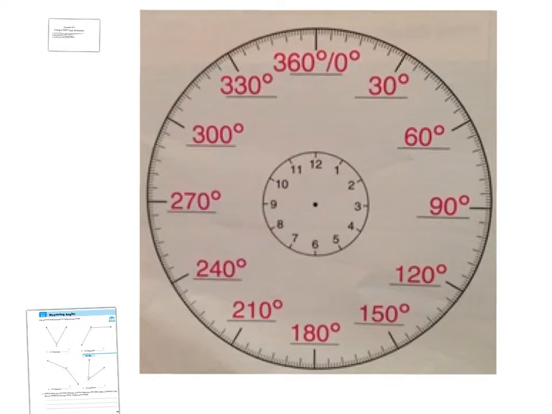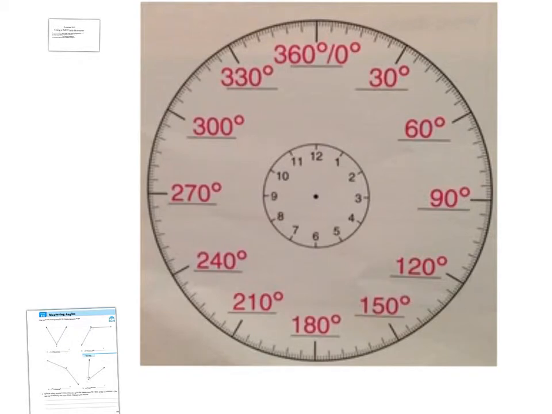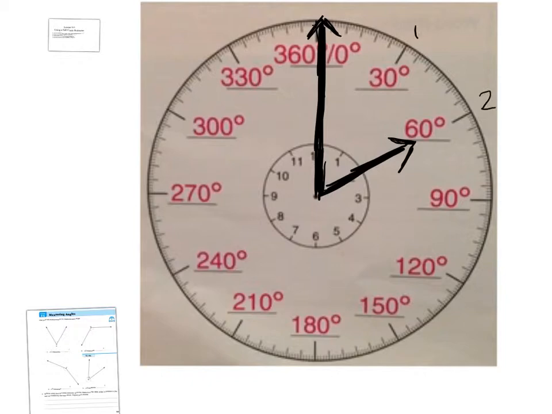I'm actually going to use a hand, like a hand on a clock. This would be the big hand. And we'll say the little one's on the 2. So you're looking at pretty much 2 o'clock.